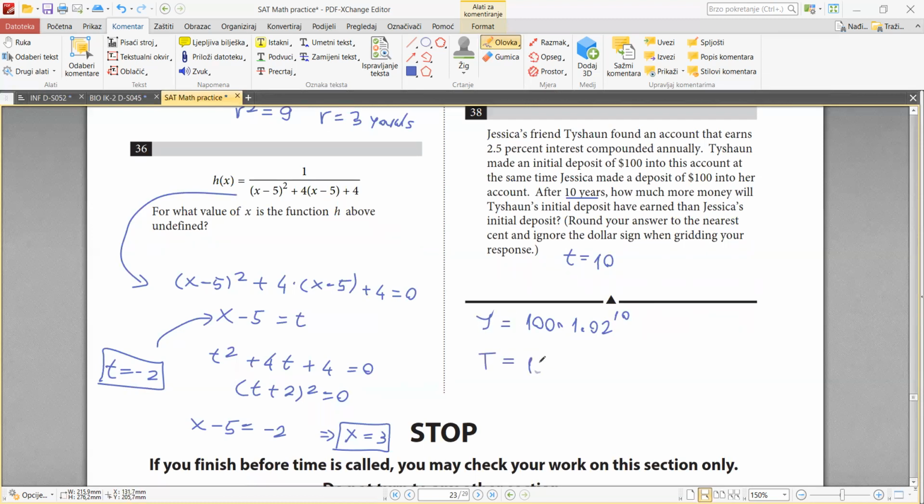And Tyshawn has 100 times 1.025 to the power of 10. And we need a difference between them.